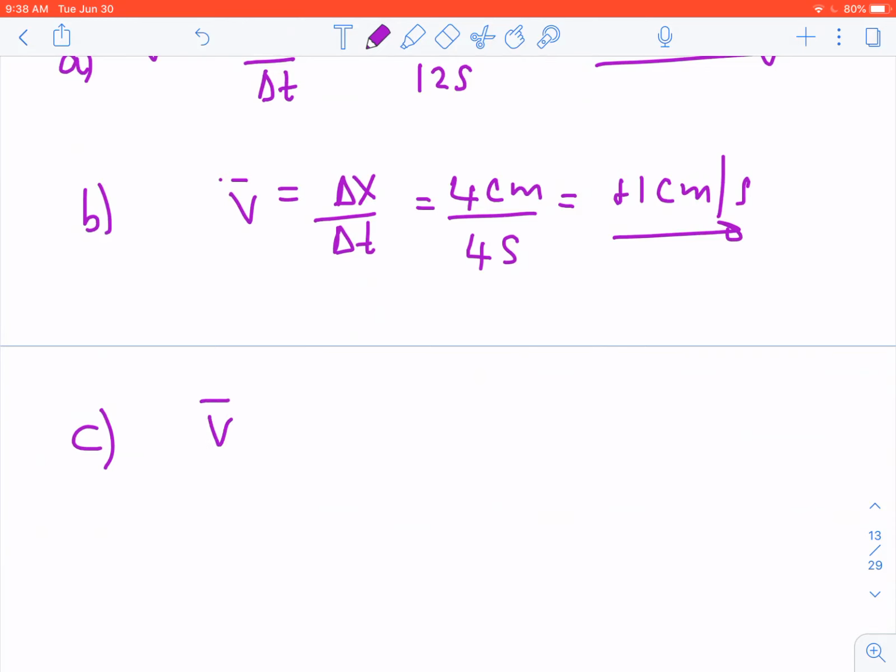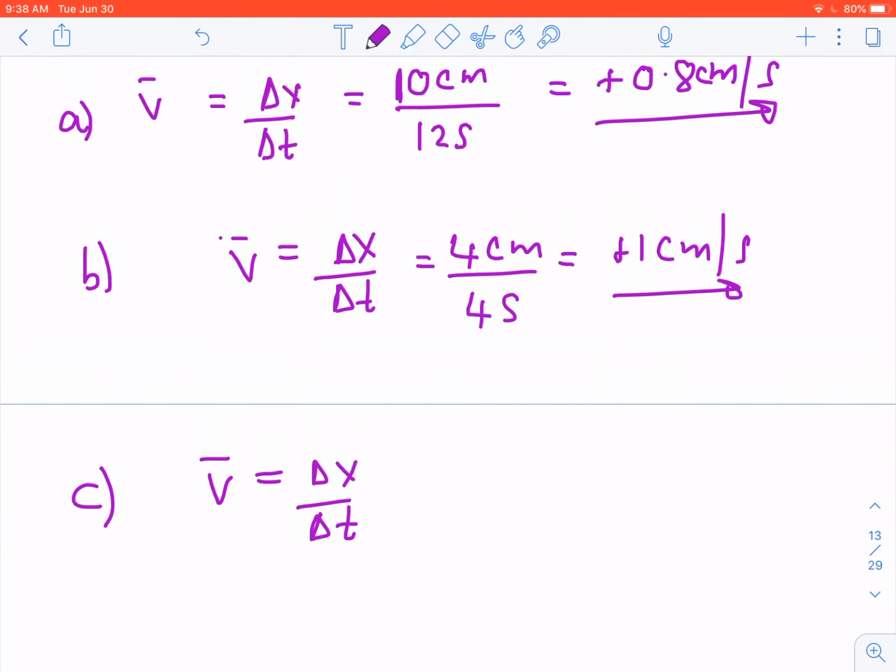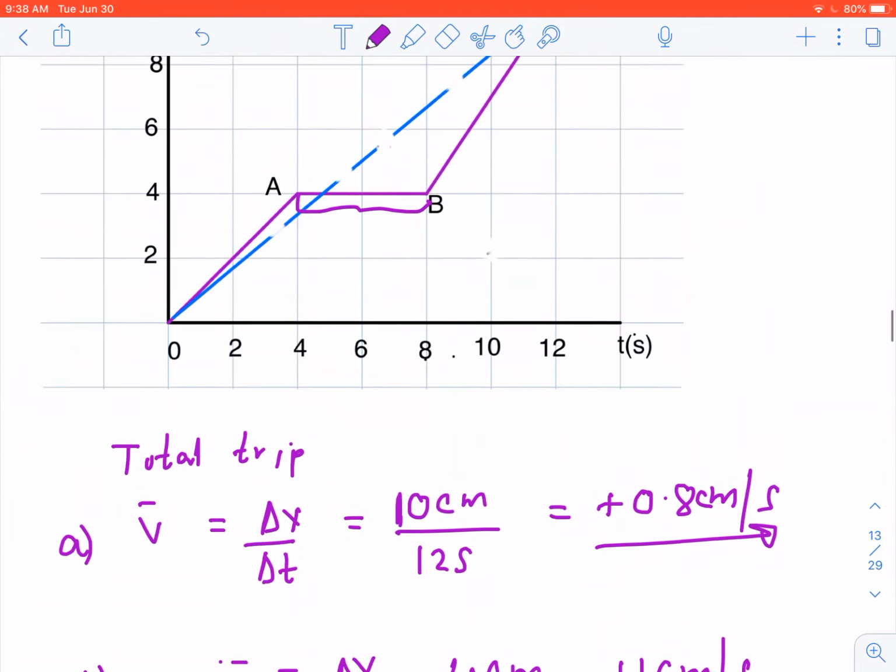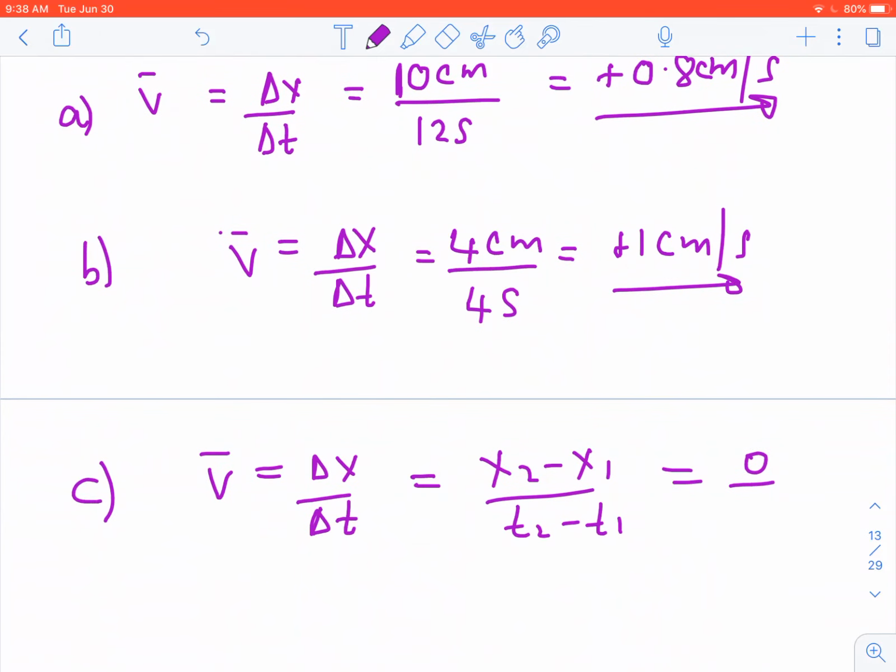We would say v is equal to change in x upon change in t, and I just showed you earlier that the slope for this would be equal to x2 minus x1 upon t2 minus t1, which would mean 0 upon whatever time interval you have, which in our situation would have been 4 seconds.